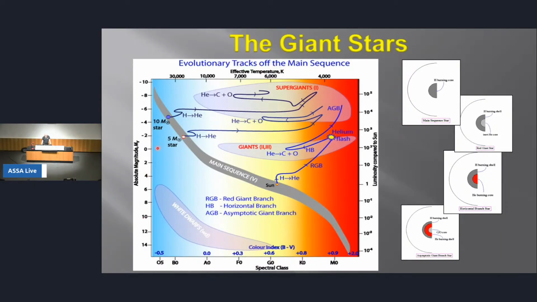So you can see there's the luminosity of the sun here. A young white dwarf might be almost as luminous as the sun, but as it ages and cools off, it moves along to probably the G part of the spectrum.